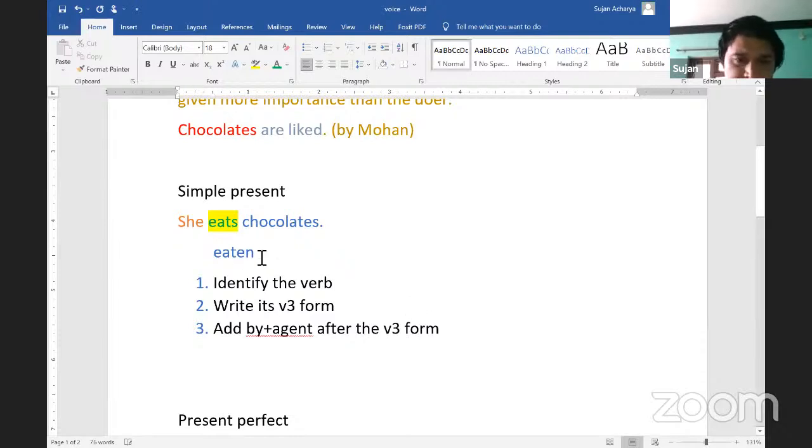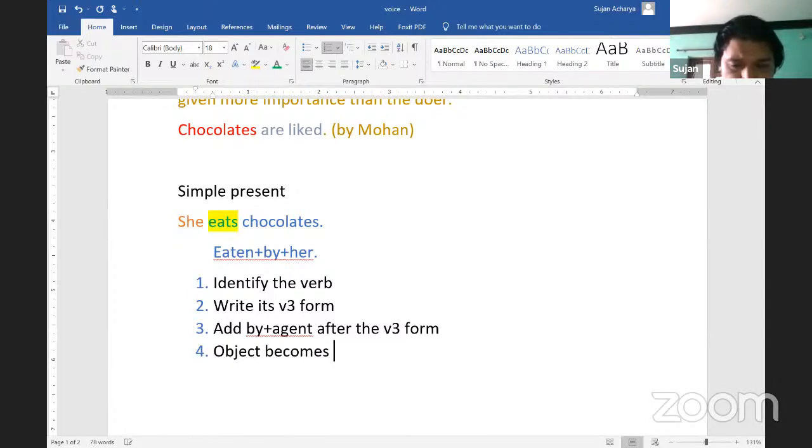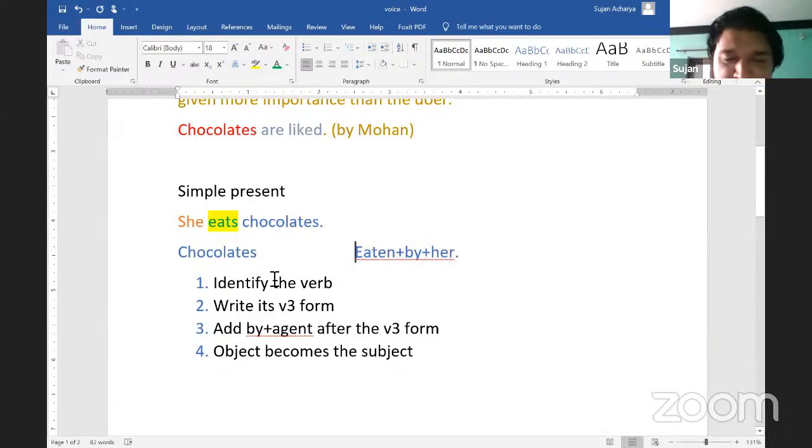By the objective form of the subject. By her. Object: chocolates. Step number 4: now look at the tense of the sentence.